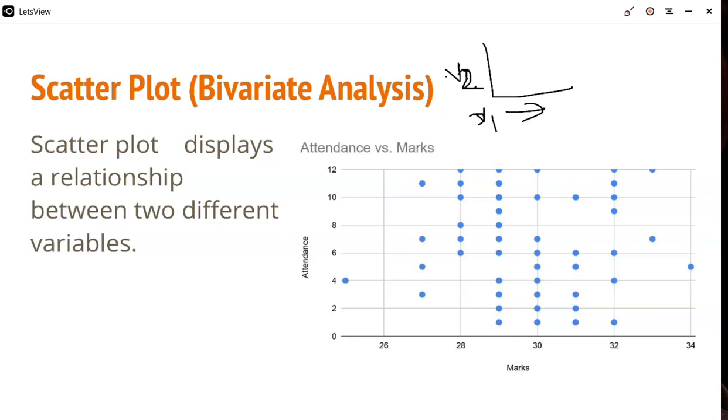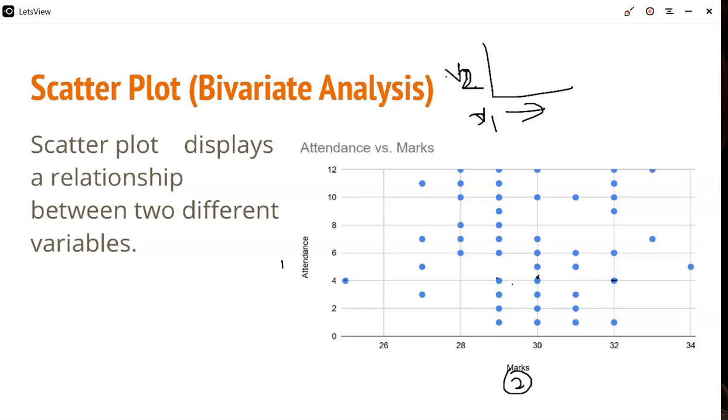What I did here is study whether there is any relationship between the number of lectures attended by a student and the marks scored by him or her. See here, the students that attended 4 lectures got marks such as 29, 30, and 32.